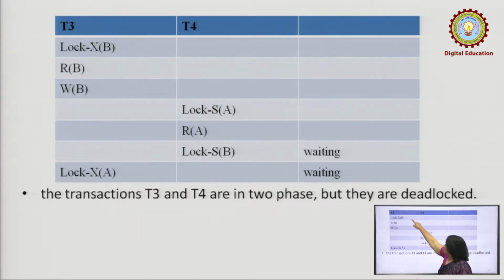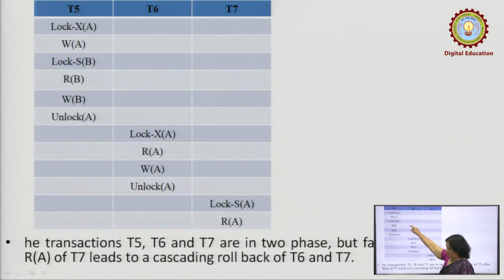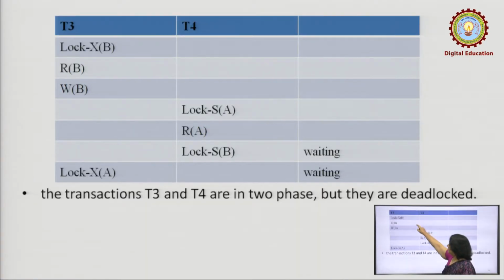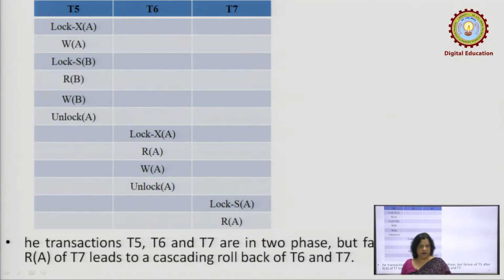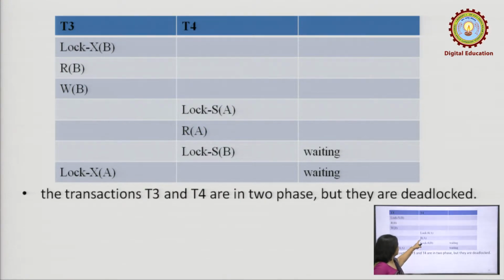We have an X lock request over here, read B, write B. T3 performs the read B and the write B. Then we see a shared lock is requested on A, T4 performs the reading of A, and after that there is a shared lock request on B. But since B is already held in the exclusive mode by T3, the shared lock over here cannot be granted and T4 has to wait for the data item B to be released by the transaction T3.